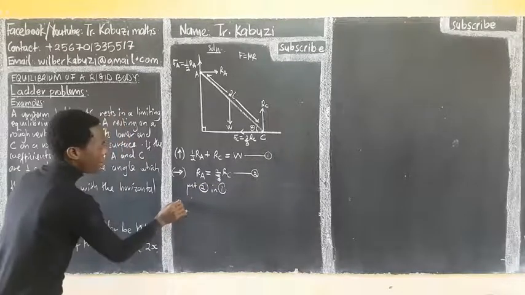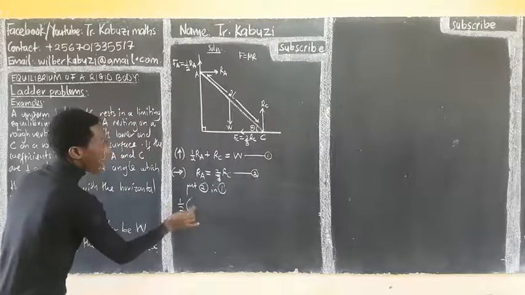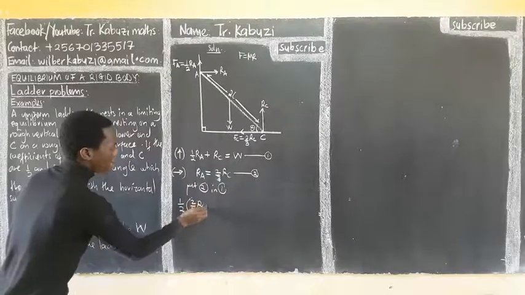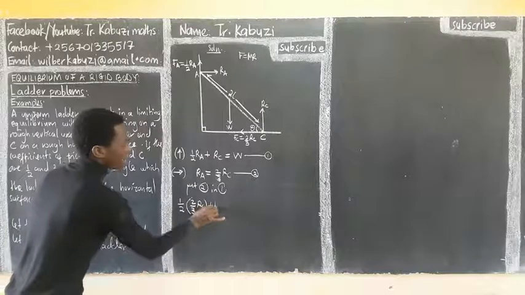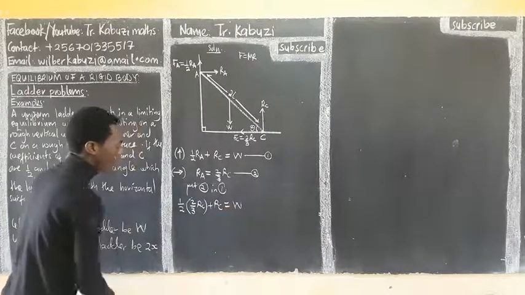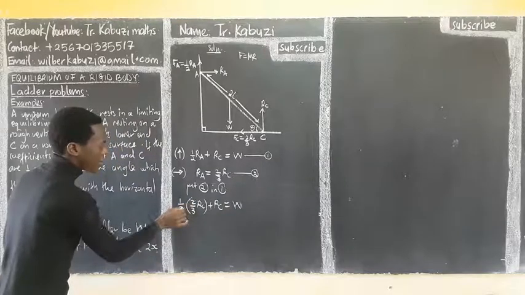So I'm going to be adding now half RA, which is now 2 over 3 RC, then plus RC equaling W. Can you simplify? So this is going to go with that.